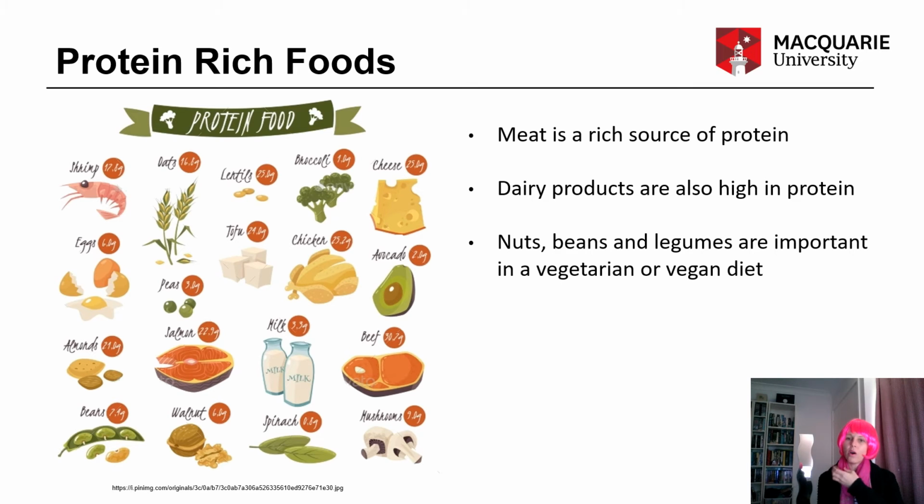And then the non-animal products such as nuts and beans and legumes are very important for those individuals who are on a vegetarian or vegan diet, as you need to have protein in your diet, and therefore you need to make sure that your diet has foods that contain proteins. A few are listed here, but it wouldn't take you much to do a search for foods that contain proteins to understand what foods are high in proteins that you would need in your diet to ensure that you have enough protein.